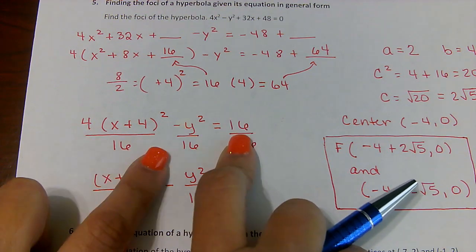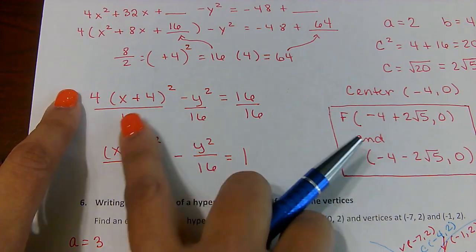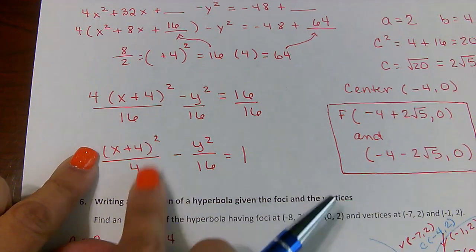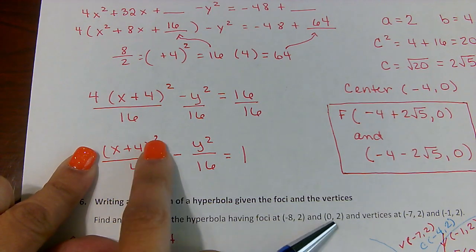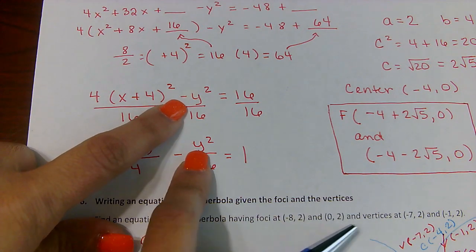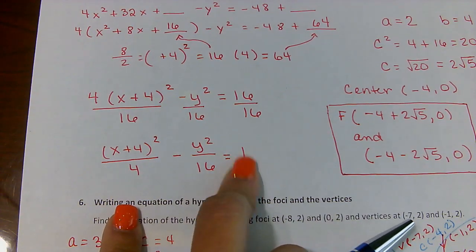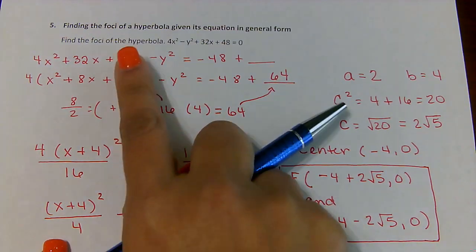We want this equation equal to 1, so we're dividing everything by 16. Simplify your fractions. So 4 over 16 is the same thing as 1/4, and then I have left the x plus 4 squared in the numerator, minus 1 y squared divided by 16 is equal to 1. This is our standard form.